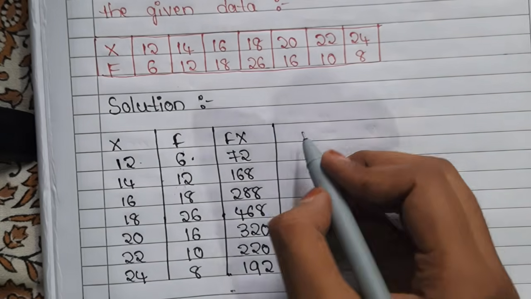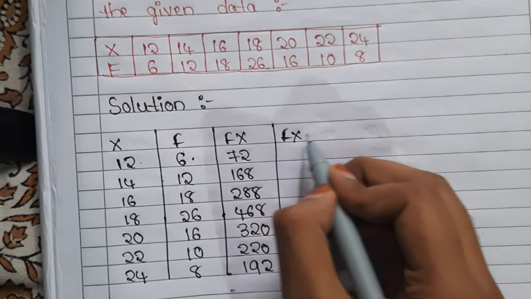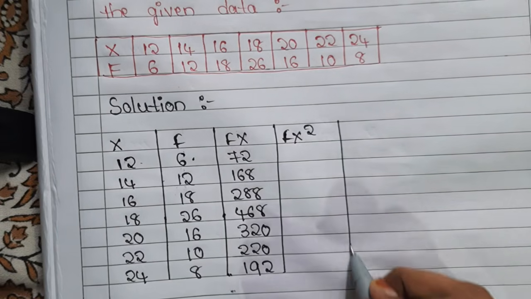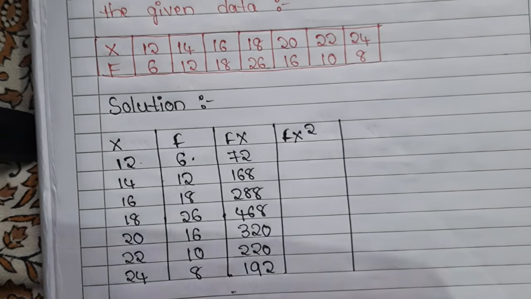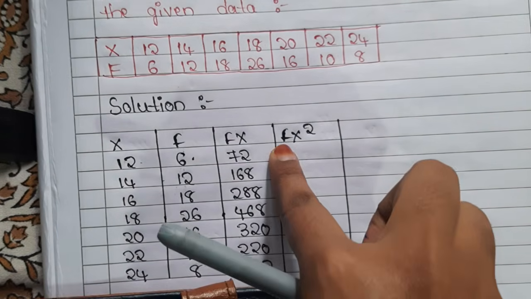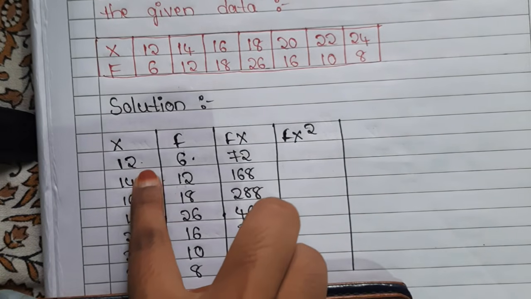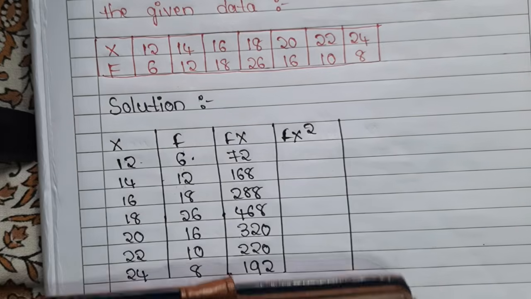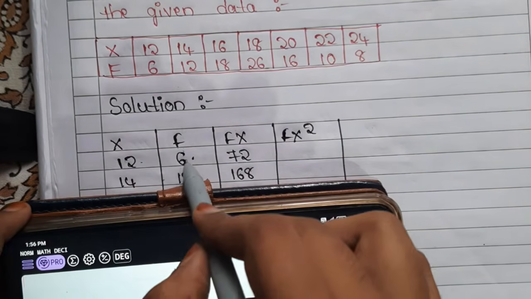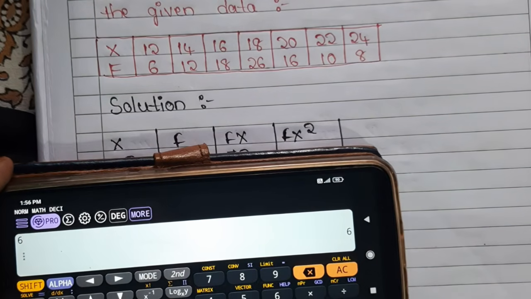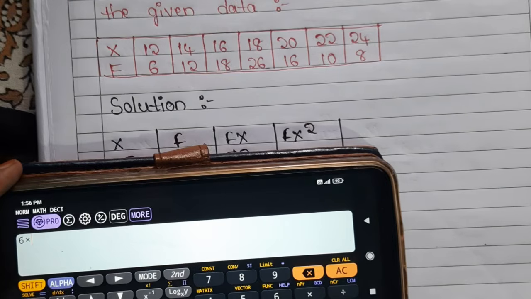Now what are we going to do? We are going to see fx square. How will we get fx square? In my last video I said you have to take the f value, then the x value, and you have to square the x value. Let me show you how. What is the f value? The f value is 6. We took 6. 6 into x.